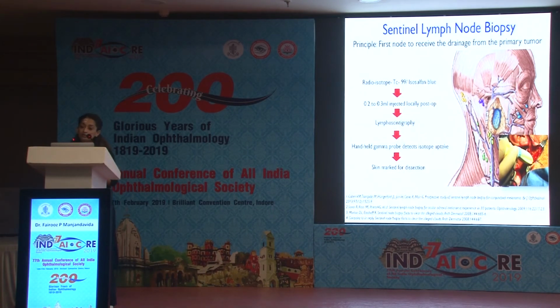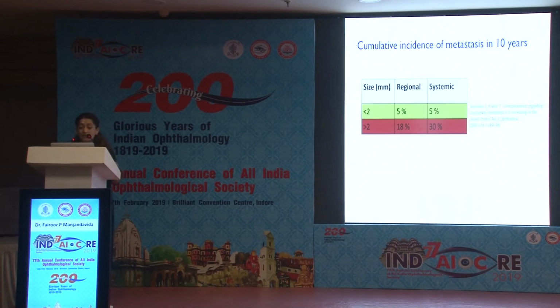So sentinel lymph node biopsy is basically tracing the radioisotope which has been injected in the conjunctival cul-de-sac with lymphoscintigraphy and a gamma probe which is placed on the regional lymph node, especially the preauricular lymph node. If it is positive, it is dissected and radiotherapy is performed for the regional lymph node metastasis, so that further metastasis doesn't happen. Why is it important?